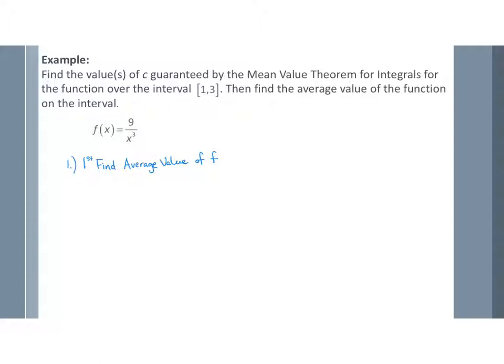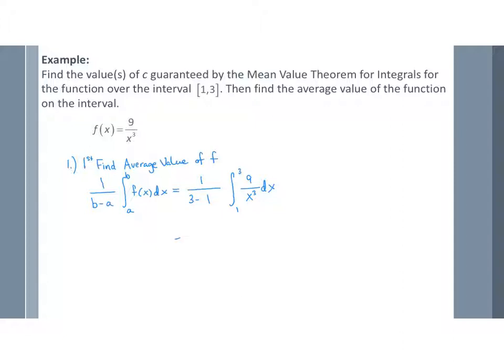To find the average value of f, it's going to be 1 over b minus a times the integral from a to b of f of x dx. In this case, we have 1 over 3 minus 1 times the integral from 1 to 3 of 9 over x cubed dx.